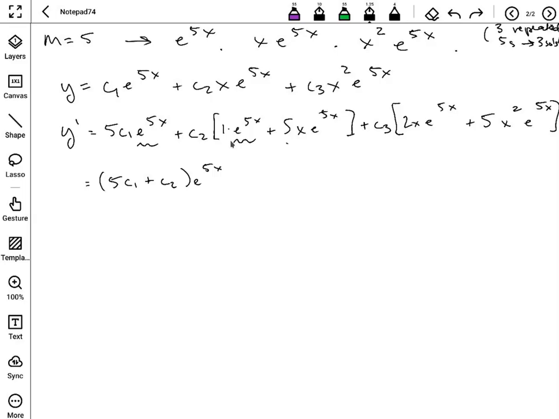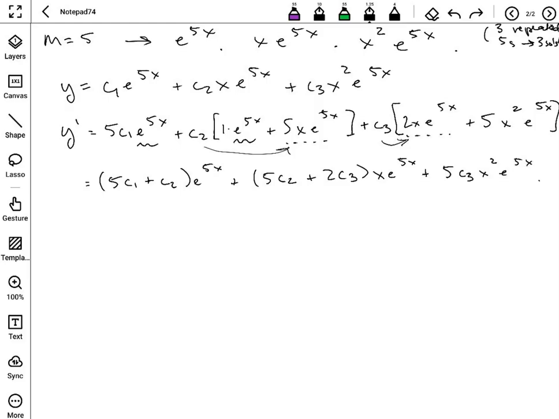And then I have these x e to 5x terms, where I'm kind of multiplying through that 5 times c2 here and that 2 times c3. And then I'm just left with that x squared term, 5c3 x squared e to 5x.